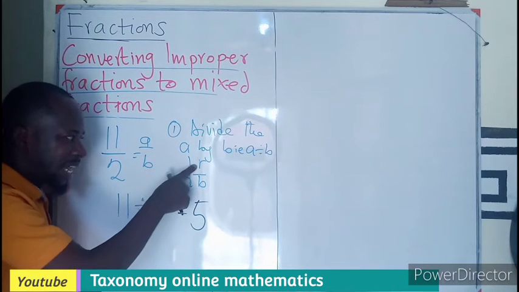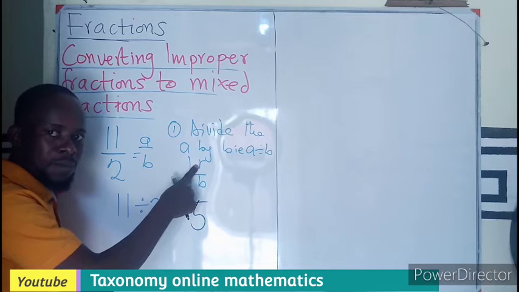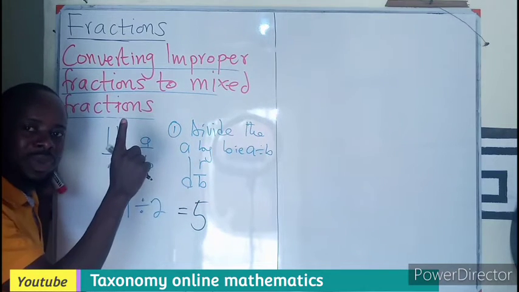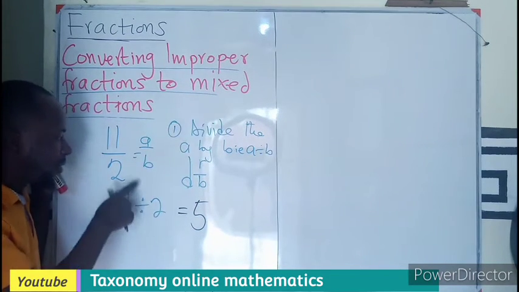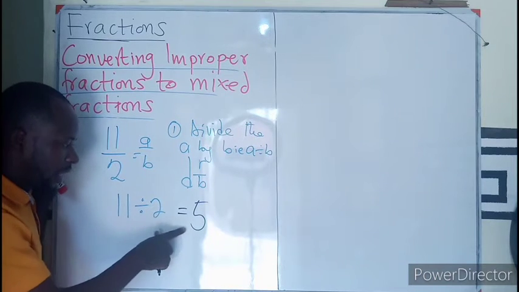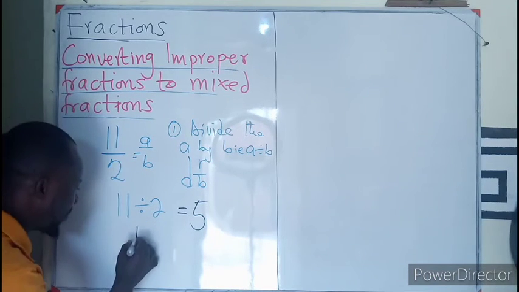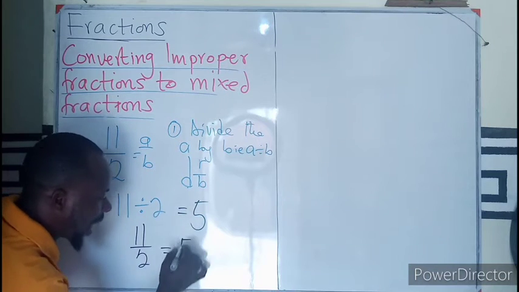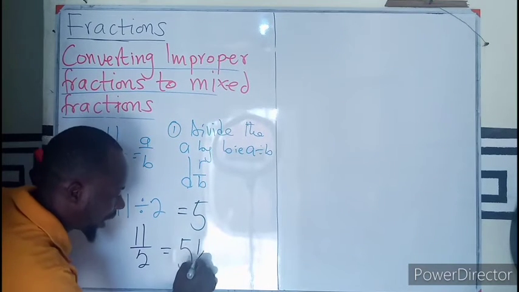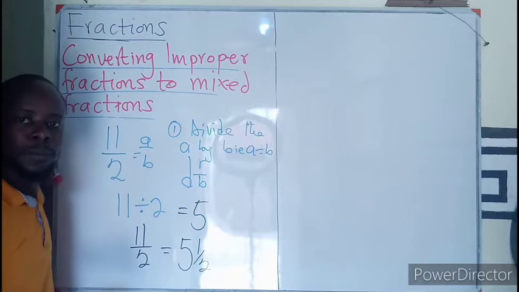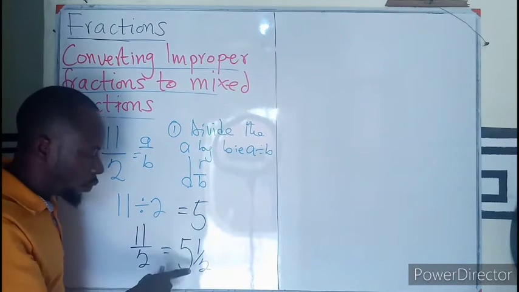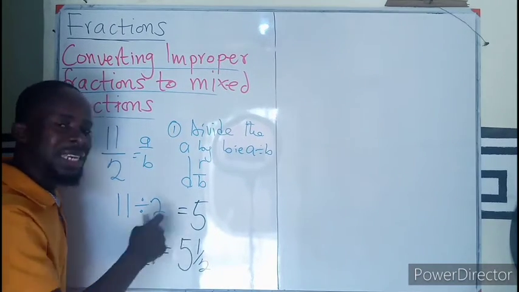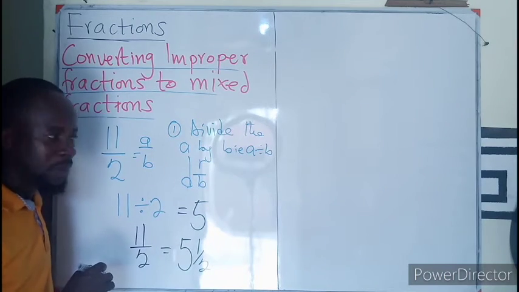Meaning the remainder is going to be 1. And that 1 is still going to be the numerator over our denominator. So 11 divided by 2 will just be 5 whole number, 1 out of 2. So this is a mixed fraction which contains a whole number and a fractional part.